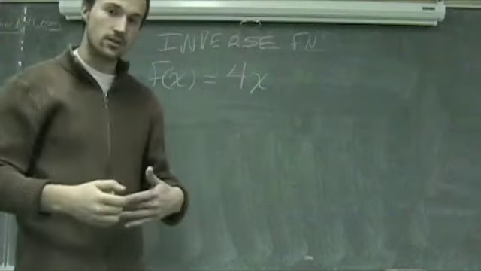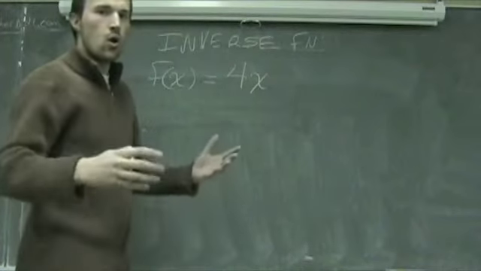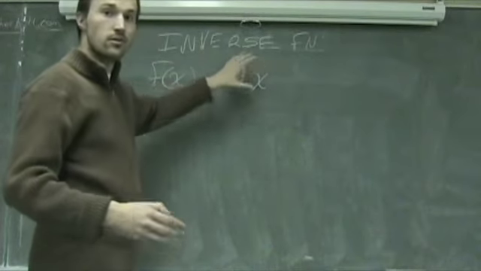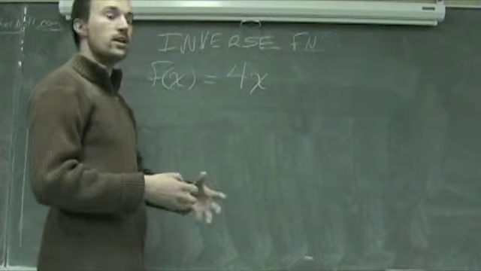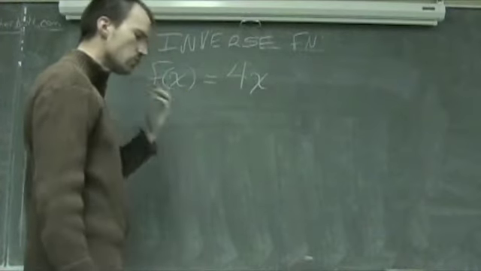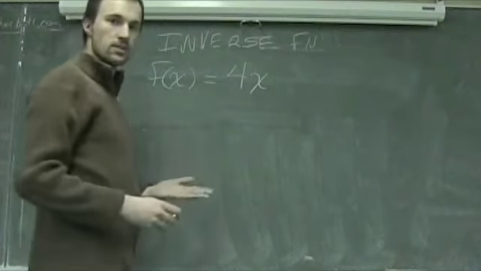To find the inverse of the function, we're going to be finding something that we can do to this function so that a composition of functions would yield simply x. Okay? So let's think about this. We have f of x is equal to 4 times x.